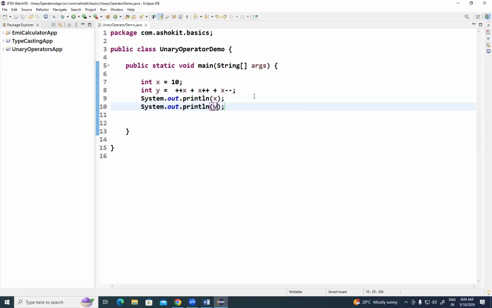Please write it on paper, then evaluate the expression, then give me the correct result of x and y. int x = 10, int y = so and so, then print the value of x and y, and tell me the output.